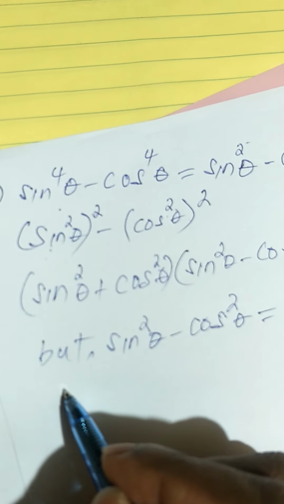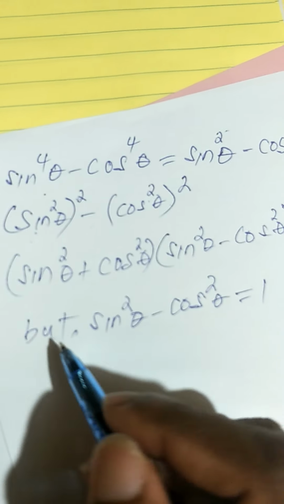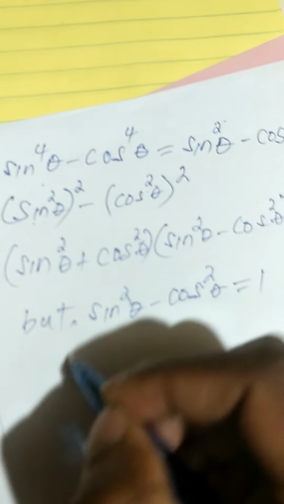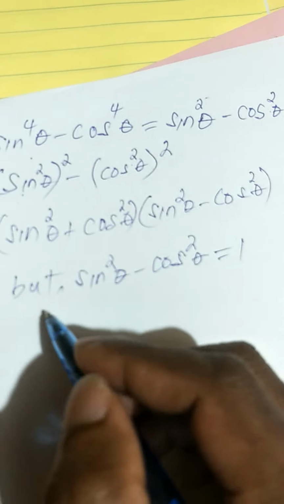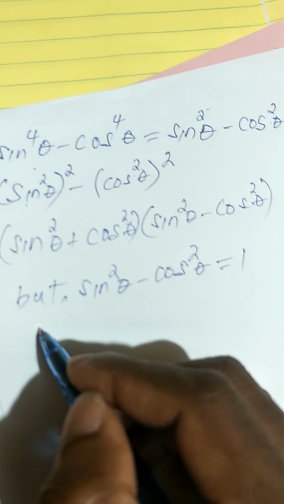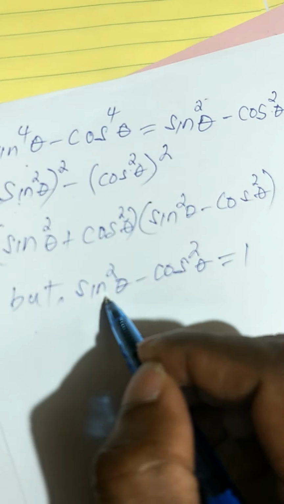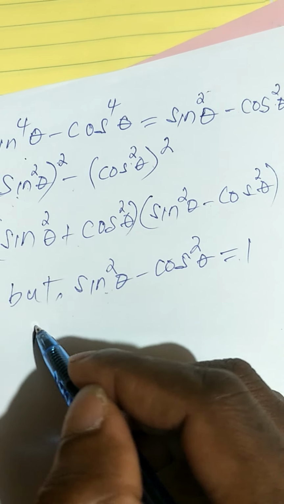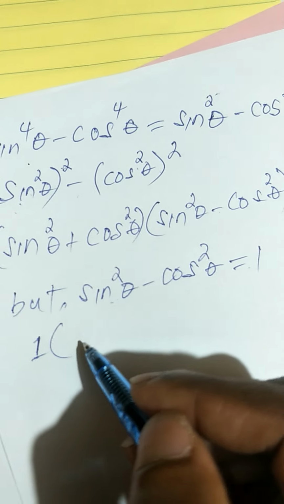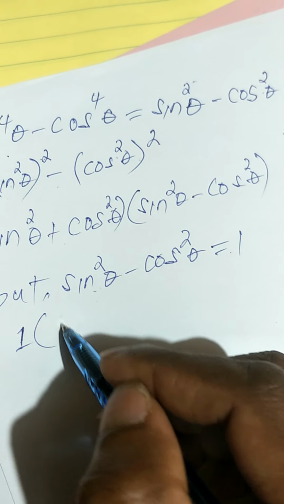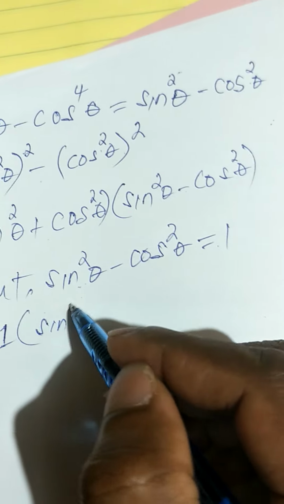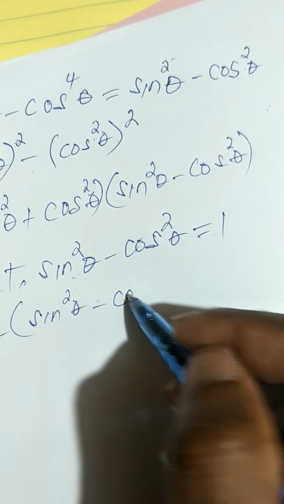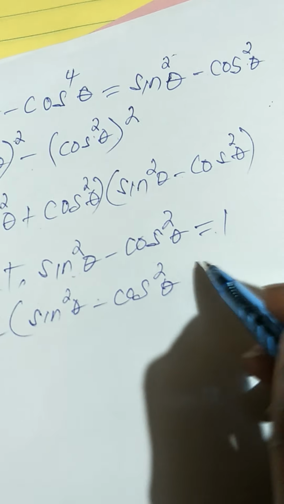Okay, so if I rearrange it in a manner, then I can do it like this. We know that this one is equal to 1. Okay, so if I state it this way, 1 open brackets sin theta squared minus cos theta squared.